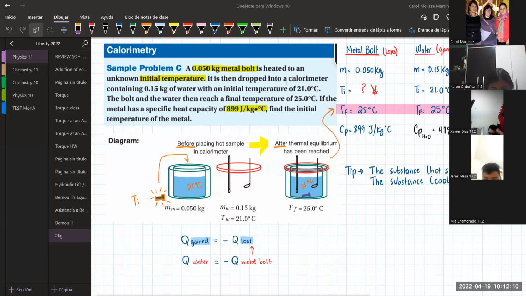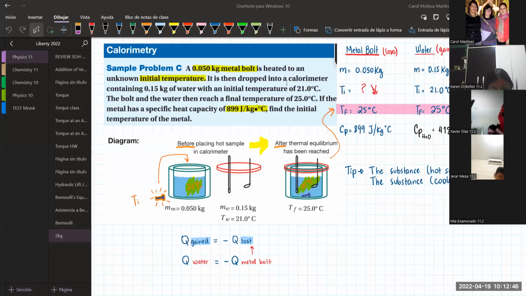In other times, my students used to say, Miss, I'm just going to memorize that water is the one that gains. And yes, most of the time it's going to be like that. The water is the substance that is gaining energy. Why? Because water was initially at 21 degrees Celsius, and then the temperature was increased to 25. So an increase in the temperature of water is telling you that it is the substance that is gaining energy.